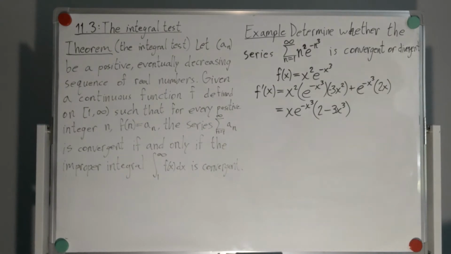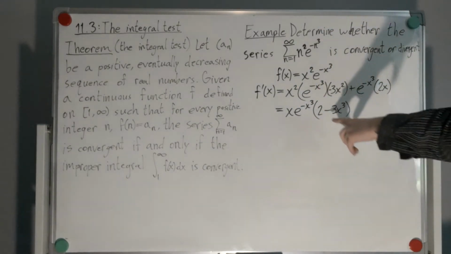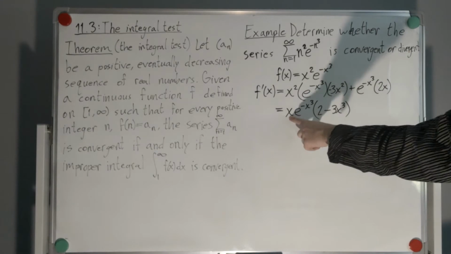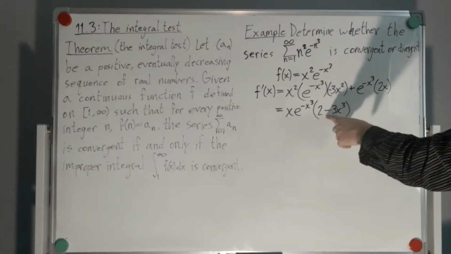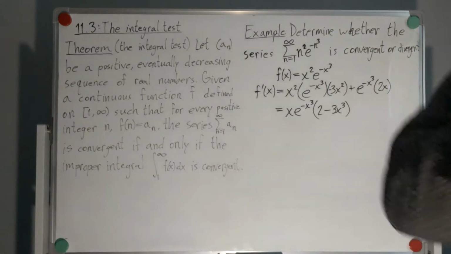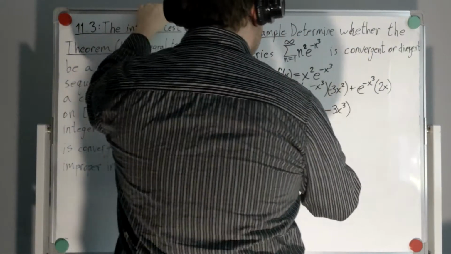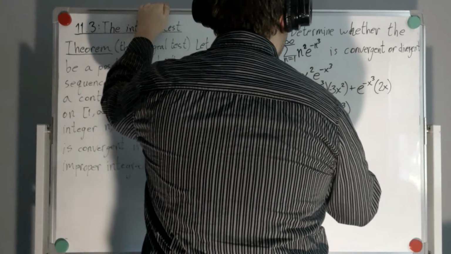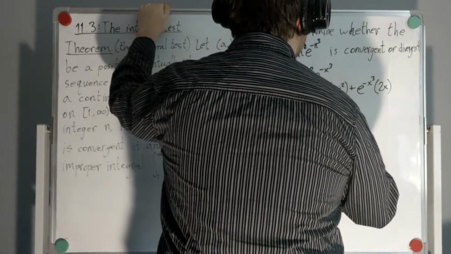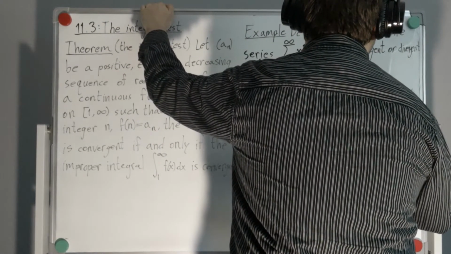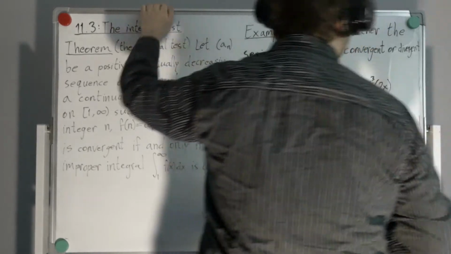So now let's notice that this is negative as long as x is greater than 0 and also 2 minus 3x cubed is less than 0. So this is negative if x is positive and 2 minus 3x cubed is less than 0.